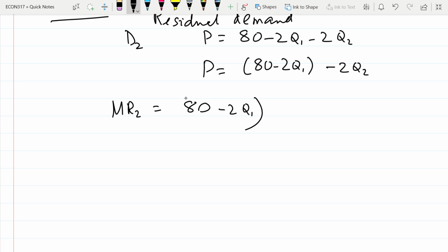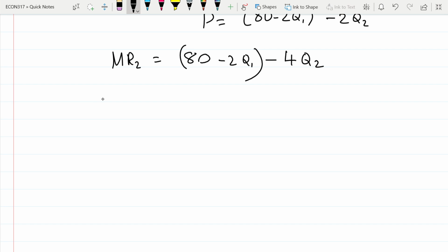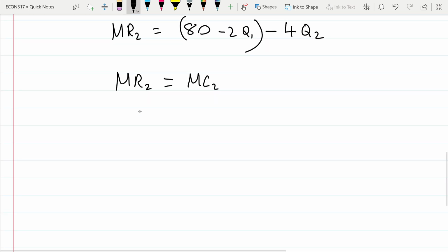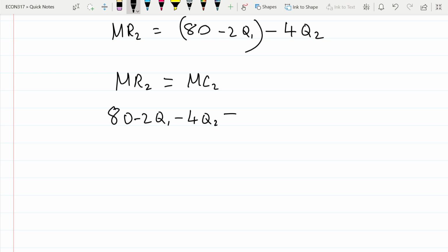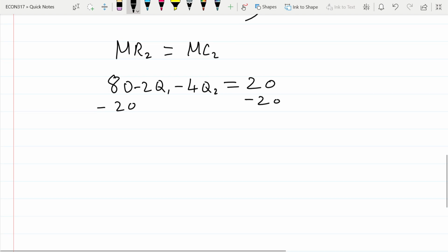So same vertical intercept, and twice the slope, 4Q2. Firm 2 also earns maximum profit by making the marginal revenue equal to the marginal cost. We have the same marginal cost for firm 2 as well. So I write it as 80 minus 2Q1 minus 4Q2 equal to 20. I will subtract 20 from both sides as before.